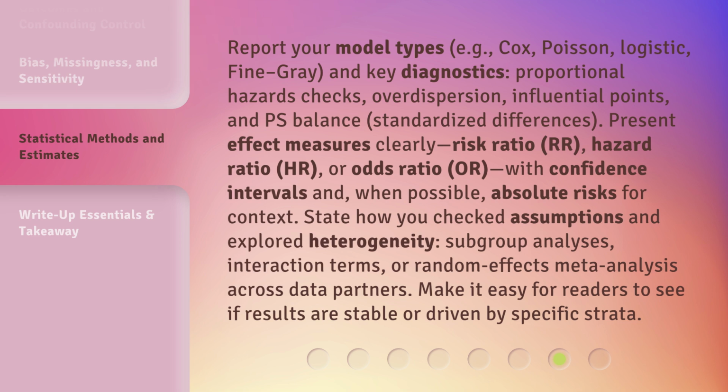Present effect measures clearly, risk ratio, RR, hazard ratio, HR, or odds ratio, OR, with confidence intervals and, when possible, absolute risks for context. State how you checked assumptions and explored heterogeneity, subgroup analyses, interaction terms, or random effects meta-analysis across data partners. Make it easy for readers to see if results are stable or driven by specific strata.